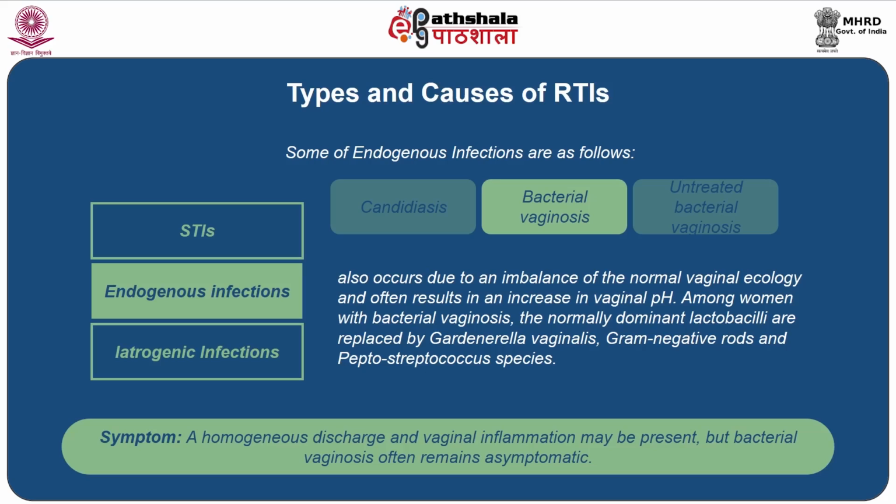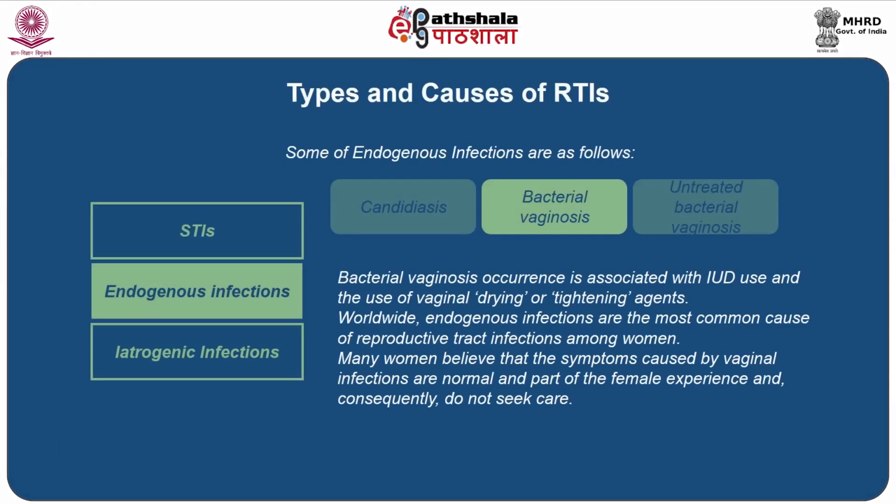Some of the symptoms include a homogeneous discharge and vaginal infection may be present, but bacterial vaginosis often remains asymptomatic. Bacterial vaginosis occurs in association with intrauterine device use and the use of vaginal drying or tightening agents.